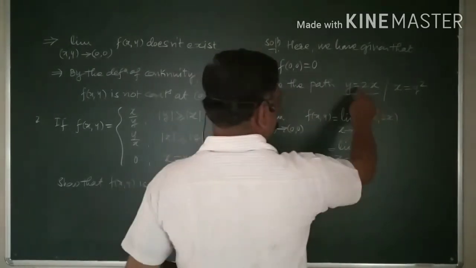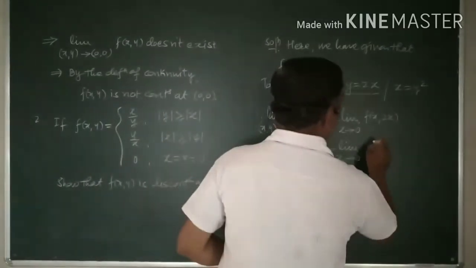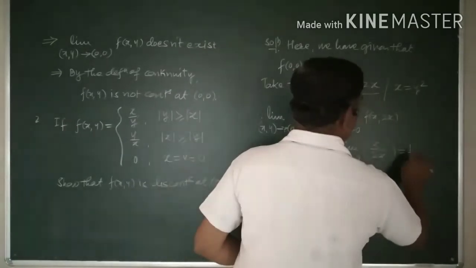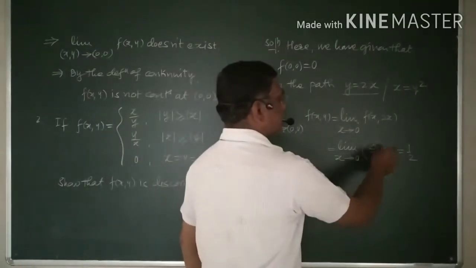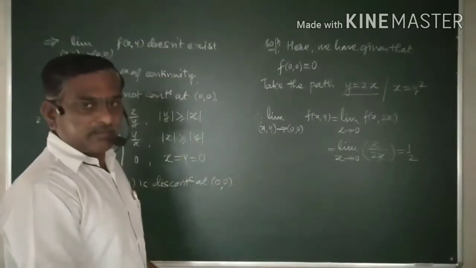This satisfies the first condition, so it is x upon 2x, and the limit comes out to be half. Here x cancels, and we get 1 half.